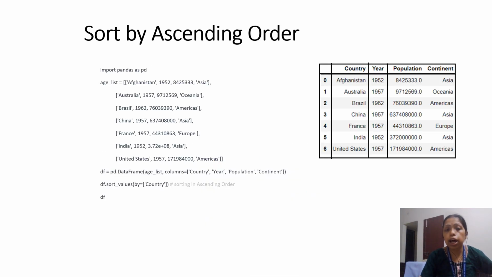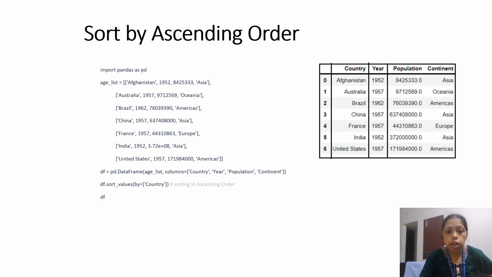Now, how can you sort in ascending order based on some column? Suppose you want to sort country-wise in ascending order, so the country whose name starts with A comes first, then B, then C, like this.